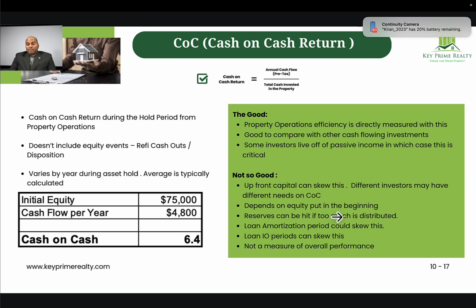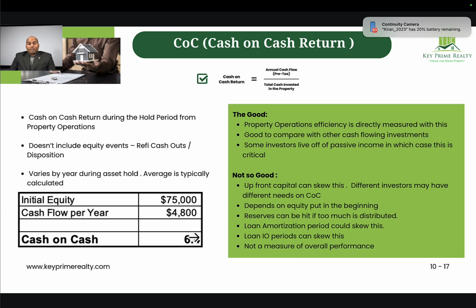Obviously, cash on cash is not a good metric alone because various things can skew this deal. If you put more money into the deal, or if you raise a lot of capital so initial equity is high and your cash flow is low, then your cash on cash will be calculated differently.